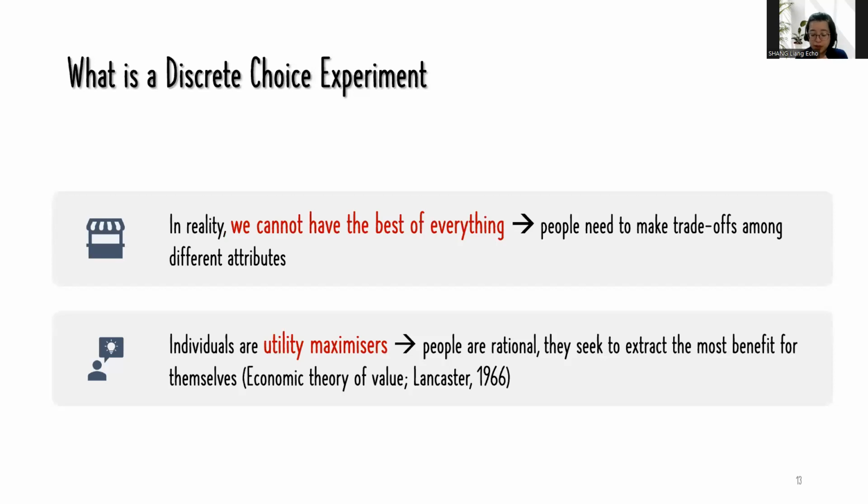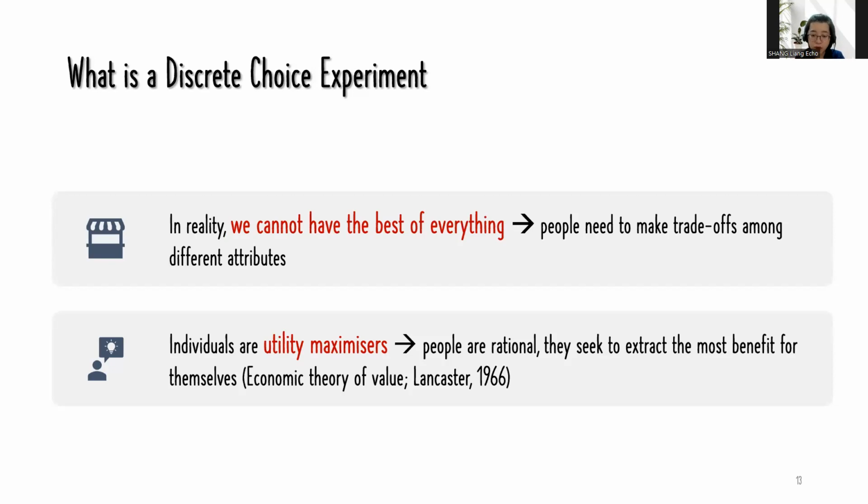The DCE method is based on the assumption that in reality, we cannot always have the best of everything. There always have to be some trade-offs between different attributes. For example, if you want a very good quality and highly functioning iPhone, then you will need to pay a high price for that.